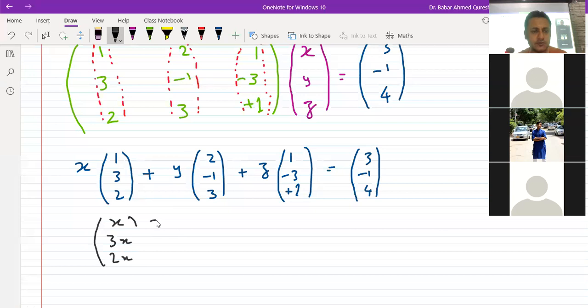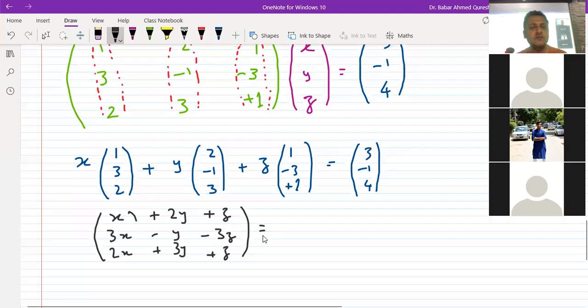This sum tells me to do that: 2y minus y plus 3y plus z minus 3z plus z. So this gives me back my required equations.